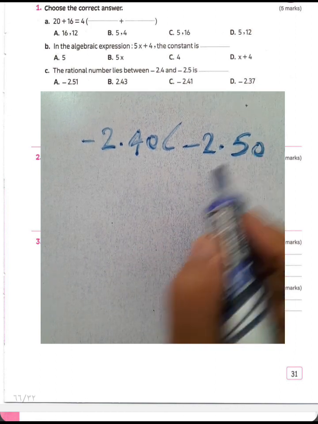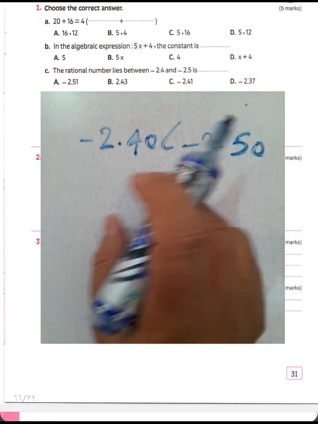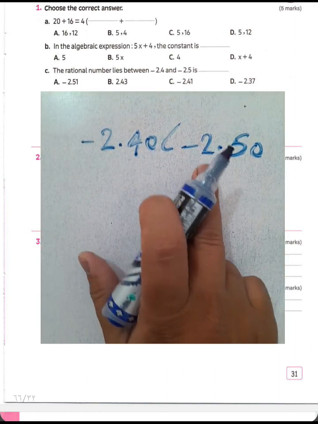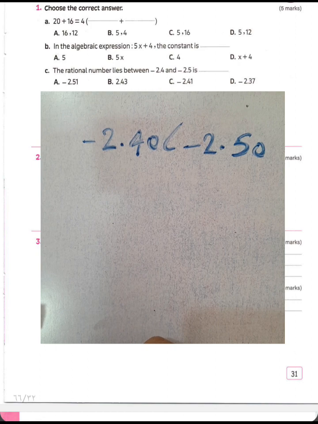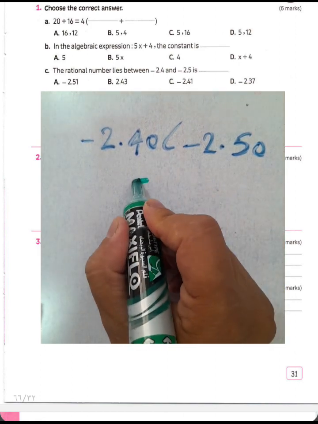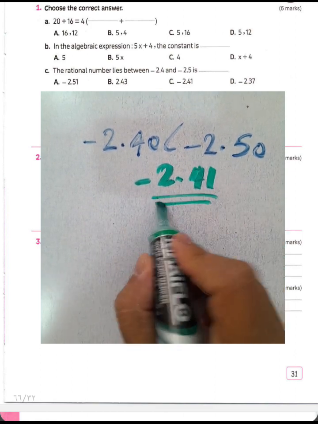We must put 0 here and find any decimal number that lies between negative 2.40 and negative 2.50. It will be negative 2.41. Choose letter C about question letter C. The number will be negative 2.41.